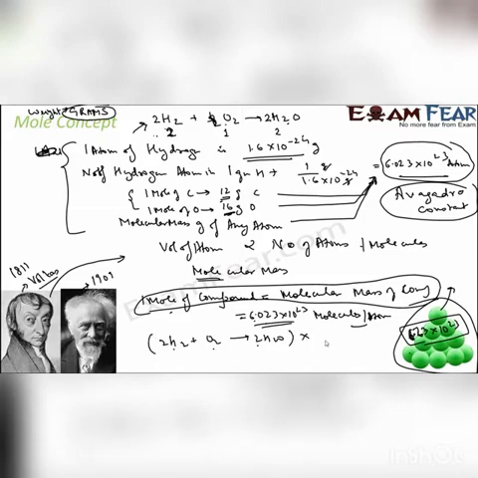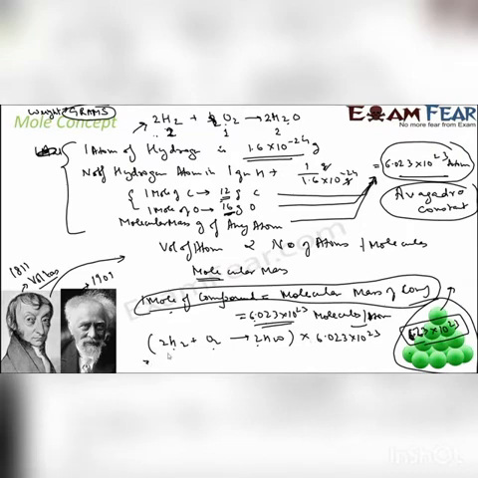You multiply the whole equation with this number, the magical number. So with this I can say that 2 into 6.023 molecules of hydrogen will react with 1 into 6.023 molecules of oxygen to give 2 into 6.023 into 10 to the power 23 molecules of water.